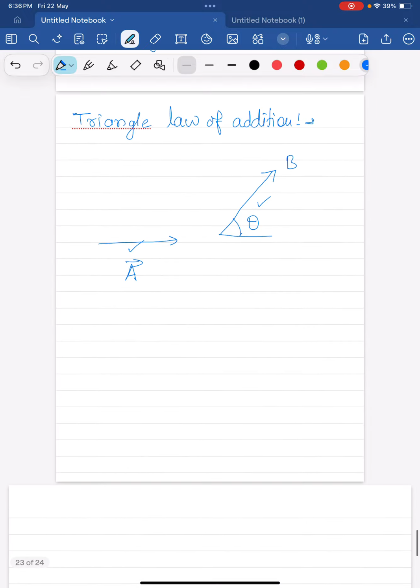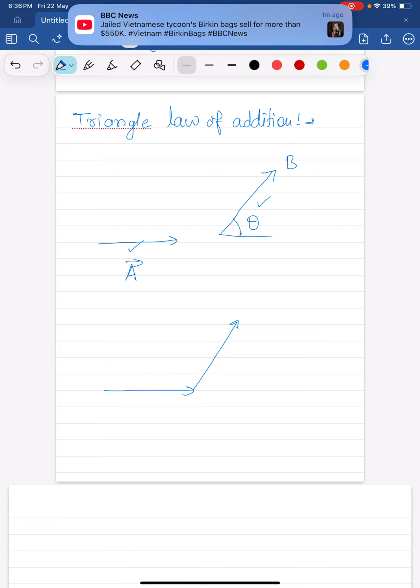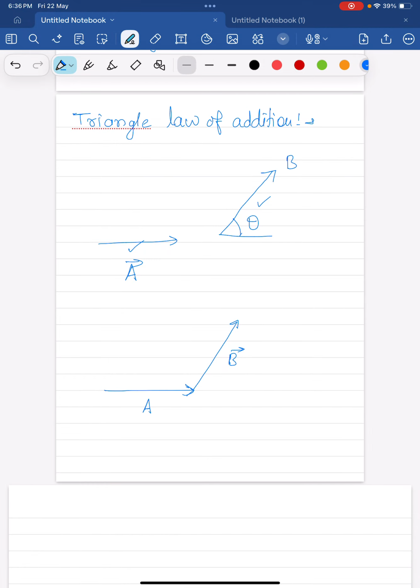If we are adding two arrows, we will place the tail of the second vector on the head of the first vector, and now we will join the tail of the first vector with the head of the second vector.